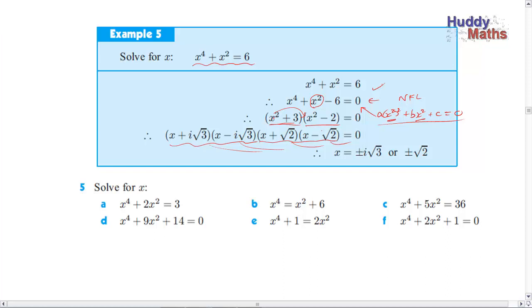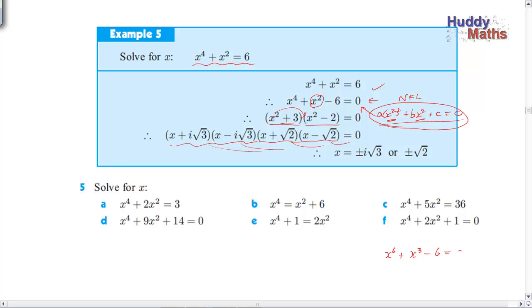Okay, so getting into those bigger ones now, a bit more algebra there, and really a bit of revision that you can have a quadratic in other powers rather than the single power of the variable. For example, you could have x to the 6 plus x cubed take 6.